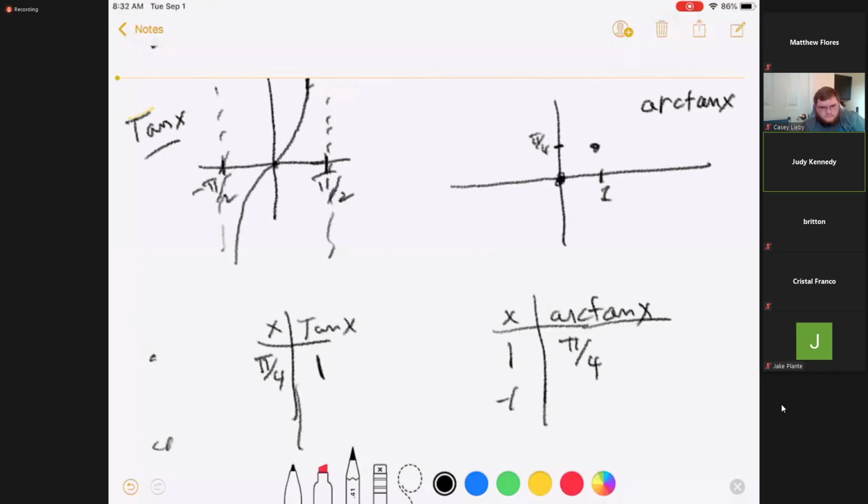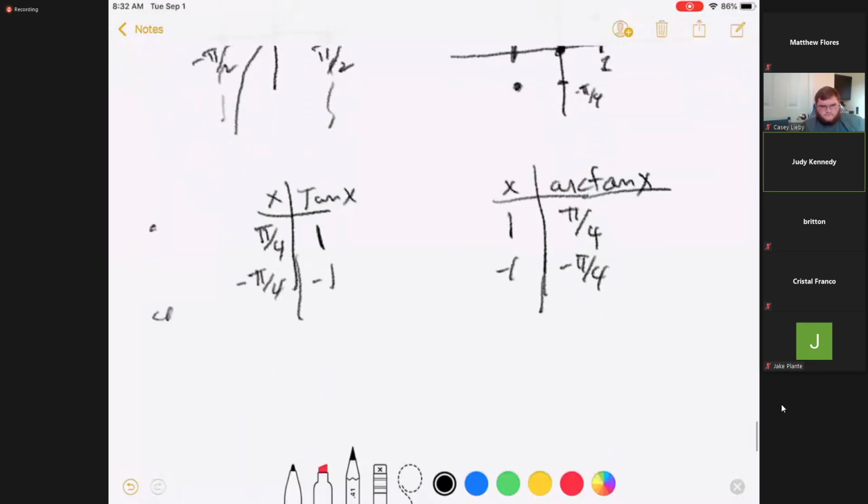For x equal to minus 1, the tangent of minus pi over 4 is minus 1. So if x is minus 1, the arc tangent is minus pi over 4. Call that minus 1. Okay.